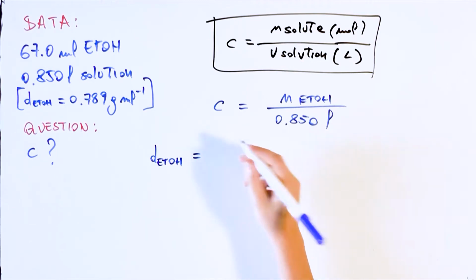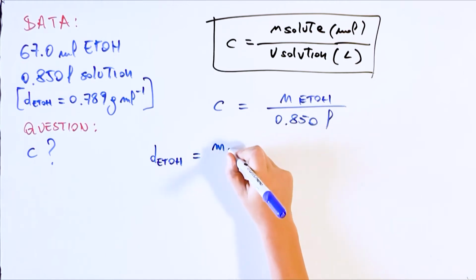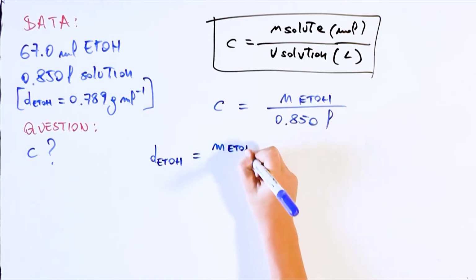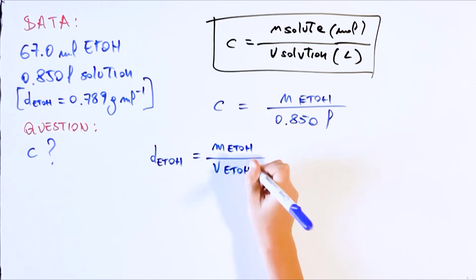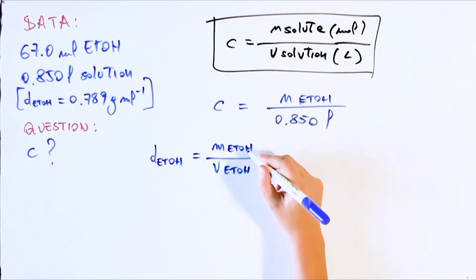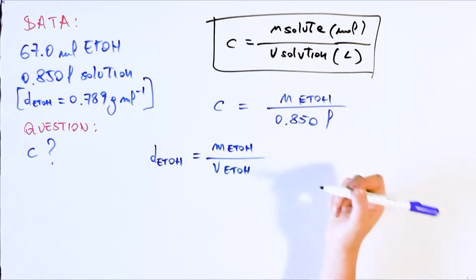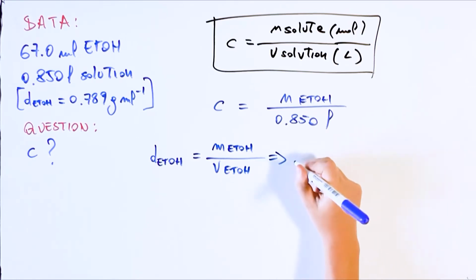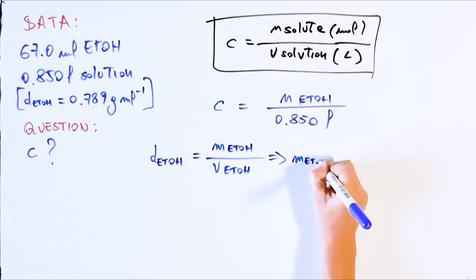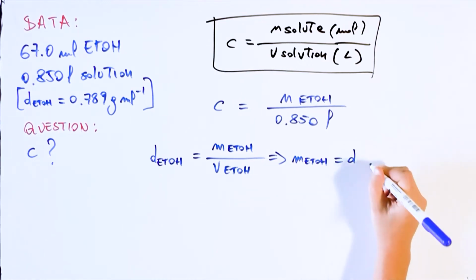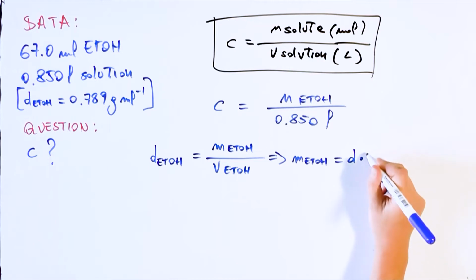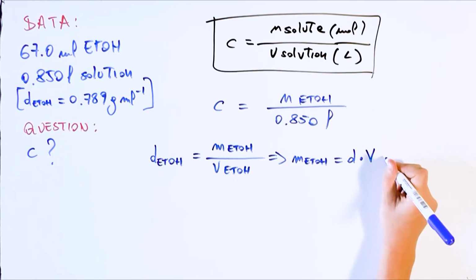So what is the density? Density will be the mass of ethanol, in this case, divided by the volume of pure ethanol, okay? It's pure ethanol here and pure ethanol here. And so as you can see here, now we can have the mass of ethanol just doing density multiplied by volume of ethanol, okay?